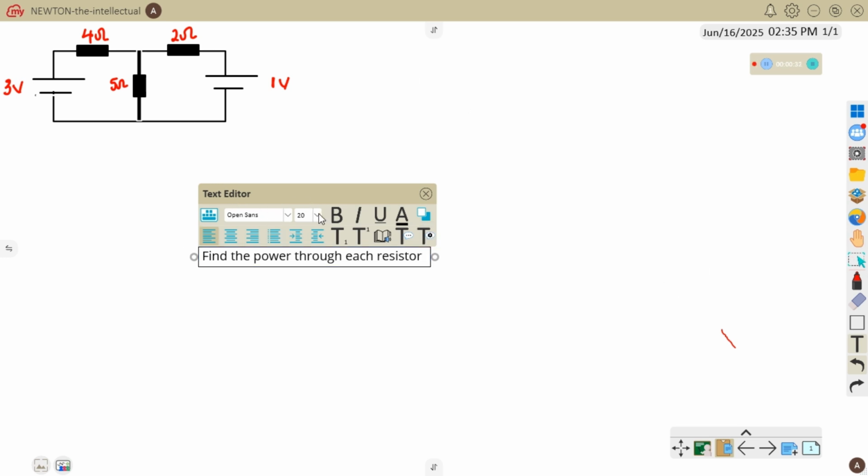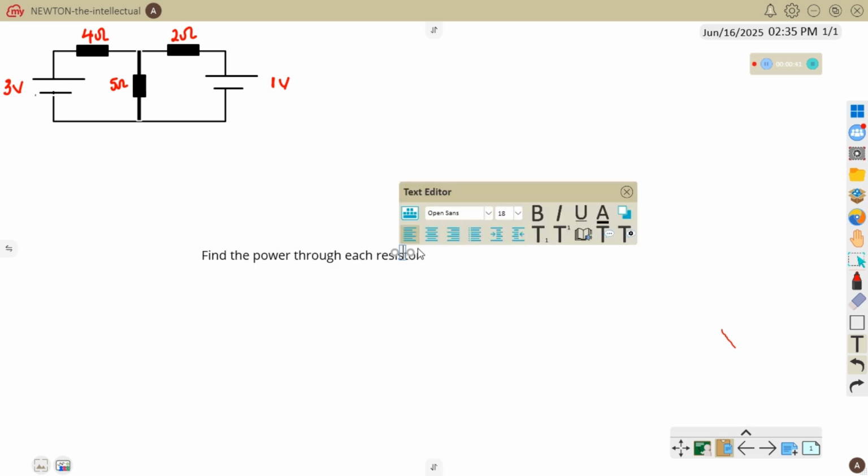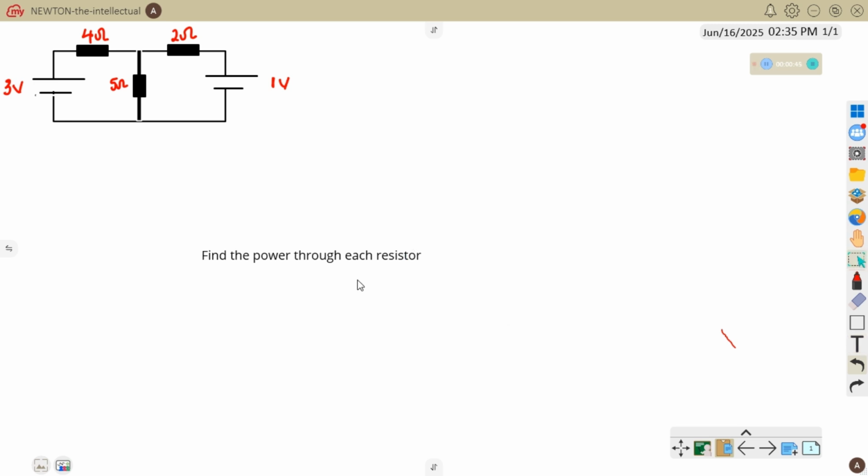Let me just reduce the text so I can place it well. So now we're finding the power through each resistor, right?